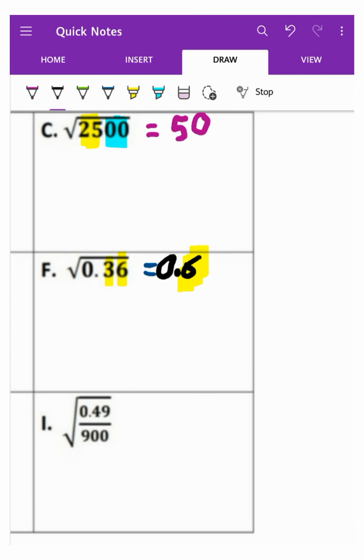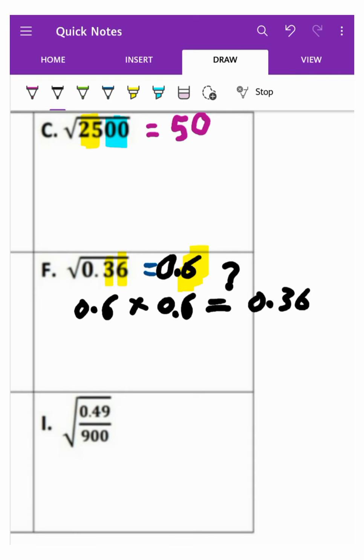You don't believe me? See. 6/10 multiplied by 6/10 is equal to 36.00. Clearly it's equal. Why?